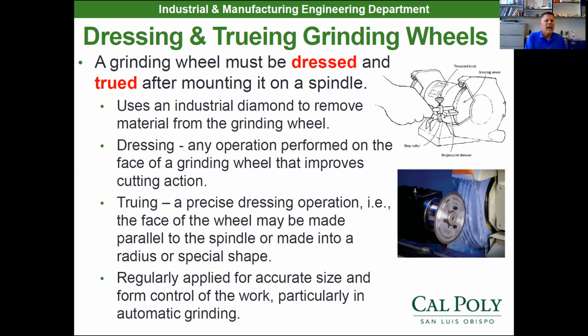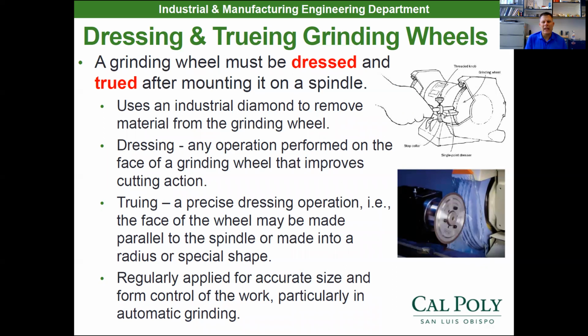What that does is when you dress it, you're basically grinding it so it improves the cutting action or cuts the exact shape that you want. And when you true it, you're basically getting it nice and parallel or putting a shape into it that you want. So if you look down there in the bottom right corner, we have that part right there. That's going to be a thread grinding operation.